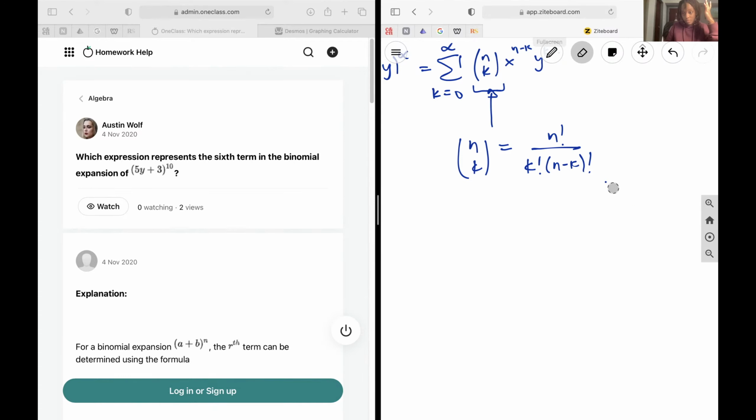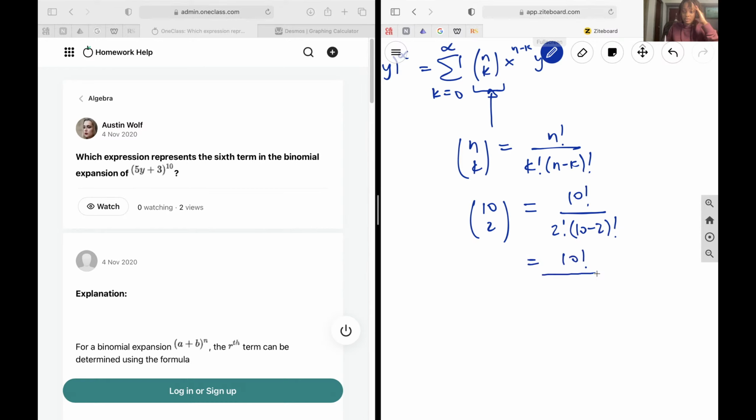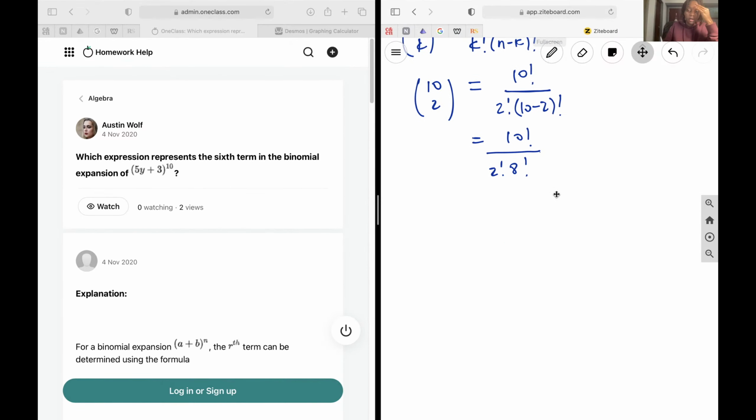So as an example, just so you can get more familiar with this, if I had 10 choose 2, that would be 10 factorial over 2 factorial multiplied by 10 minus 2 factorial. That's going to give me 10 factorial over 2 factorial multiplied by 8 factorial. And then you can plug this into a calculator if you'd like.